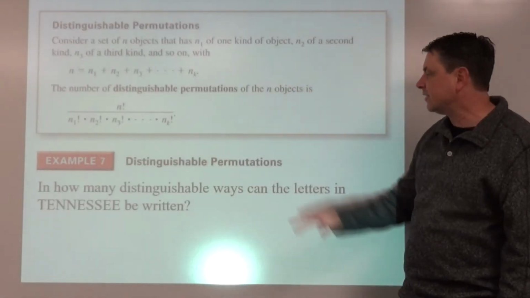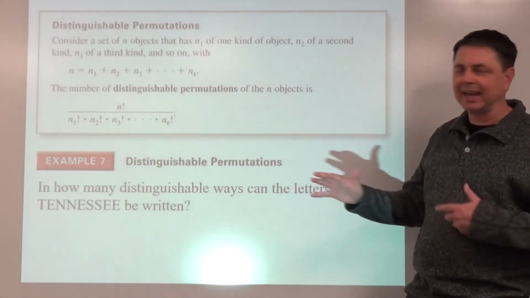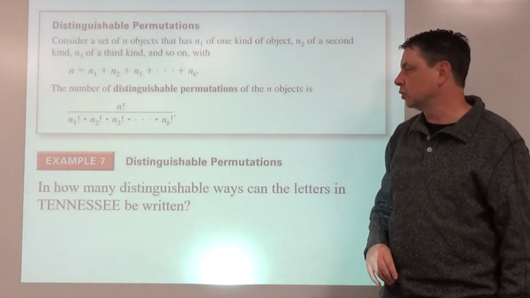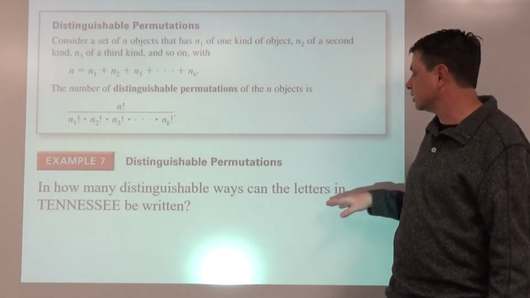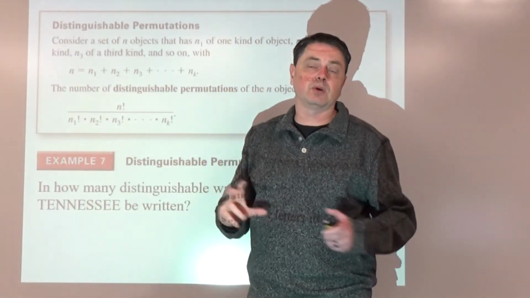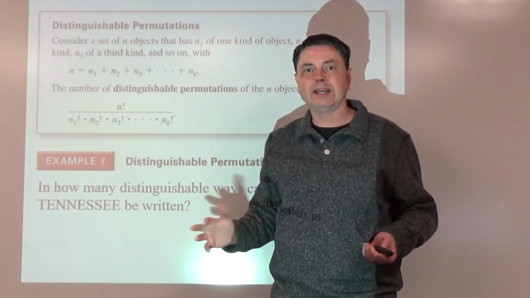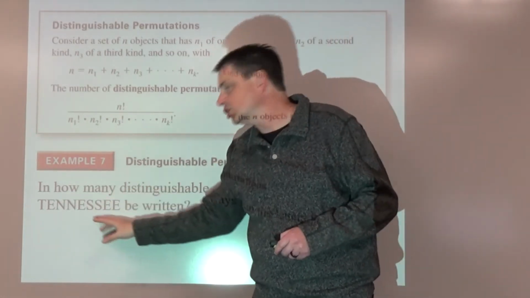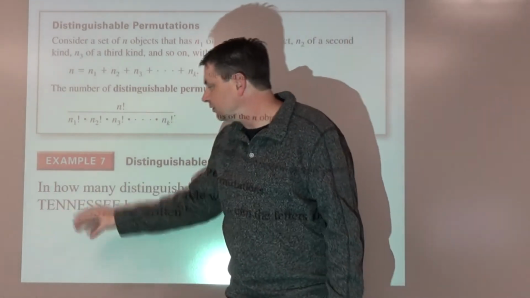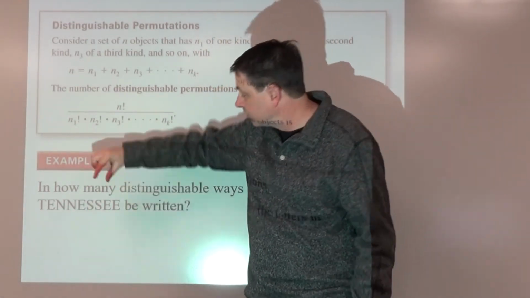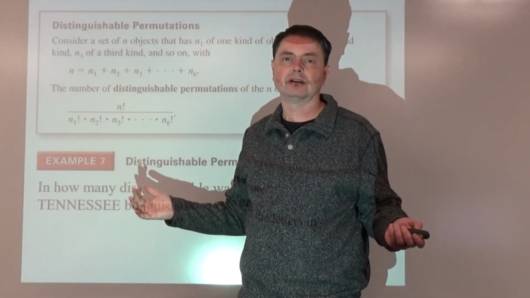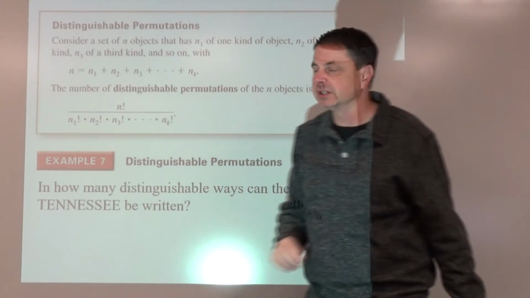So in example number 7, distinguishable permutations, ordering letters is a good way of representing our situation. How many distinguishable ways can we arrange the letters here? If they were all different, then switching anything creates something different. But in this case, if I switch these two E's, it's not any different. So that's where distinguishable permutations comes in.